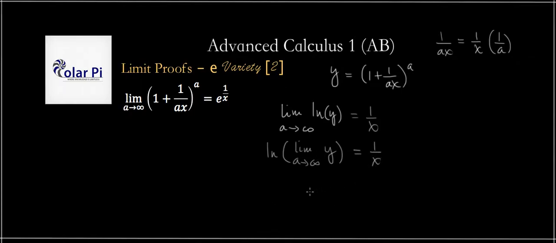Since what I'm after is the limit as a goes to infinity of y, I want to get rid of this ln that's in the way. To do that, I raise e to both sides, so I can cancel, and I see the limit as a goes to infinity of y is equal to e to the 1 over x, as desired.